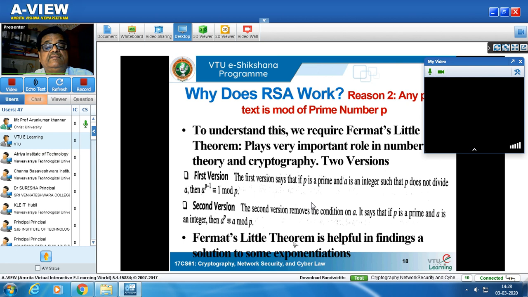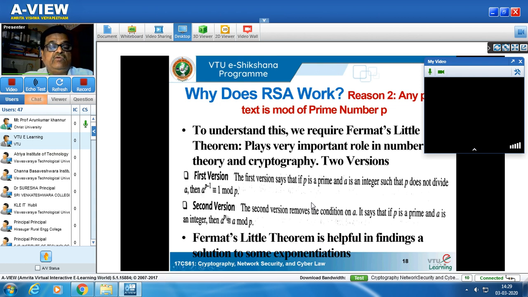The first version says that if P is a prime number and A is an integer such that P does not divide A, the prime number and one integer number we are getting, and when we divide that integer number A by P, if we find that P is not dividing A, then A raised to P minus 1 is congruent to 1 mod P.